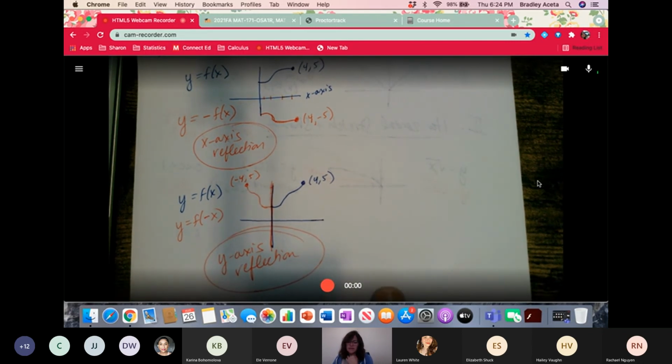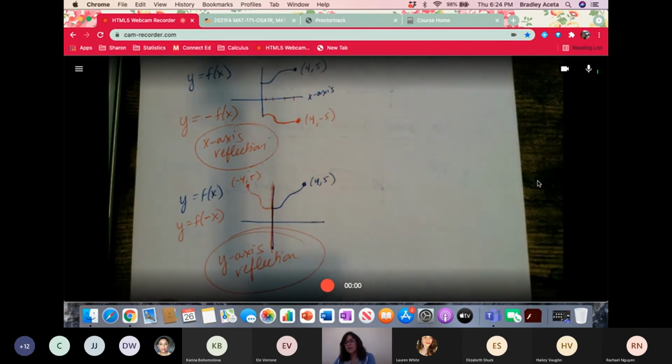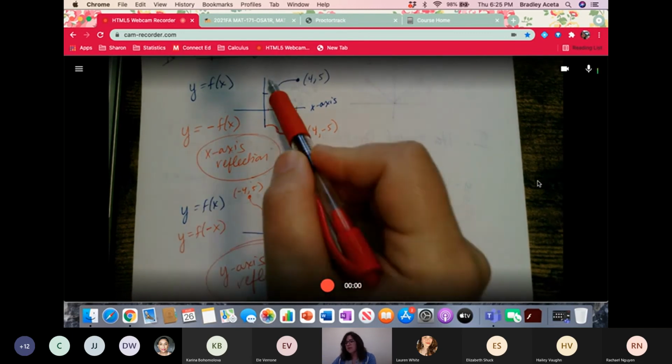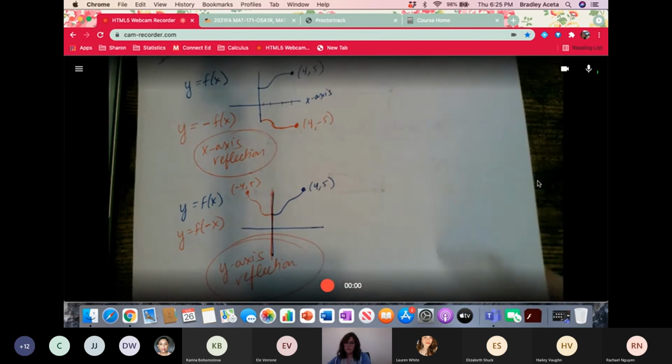And again, you can test this in the graphing calculator. You can put in a couple of negatives into some of your parent functions, but you'll see it'll flip over the y-axis when the negative's on the inside, and when it's on the outside, it flips over the x-axis. So you'll have some things like that.